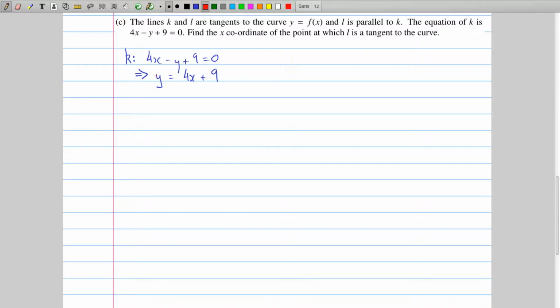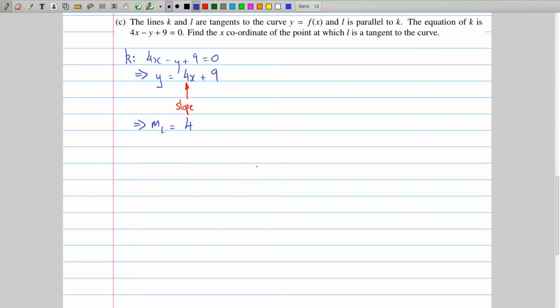And when it's in this form, when you have a single y equals something times x plus a constant, this is the slope. So the slope is 4, and since the slope of K is 4 and L is parallel to K, that implies that the slope of L is also 4.